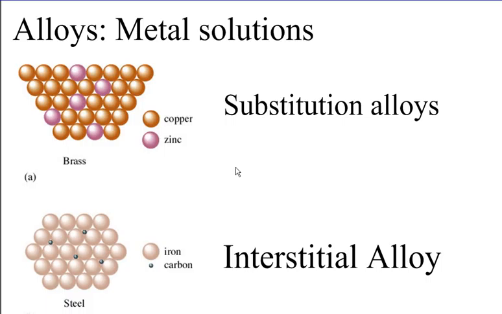So for example, steel is an interstitial alloy in which iron is heated and activated carbon, so coal, is put in it and heated as well, and when it comes out, the iron actually is around the carbon, and that increases its strength. And the different types of steel simply depend upon the percentage of carbon in the iron crystals.